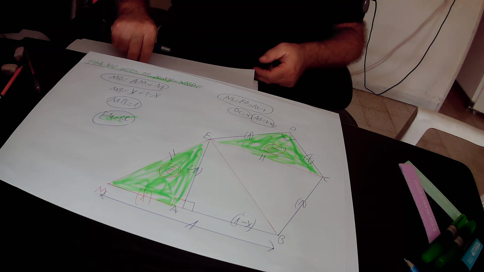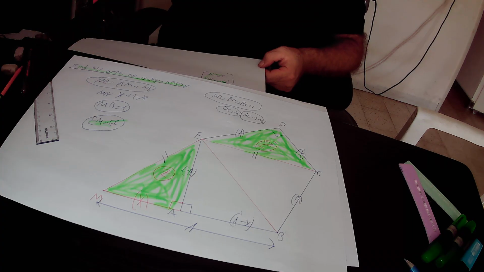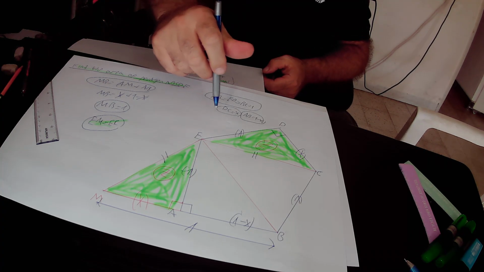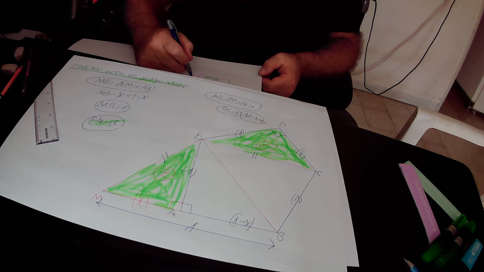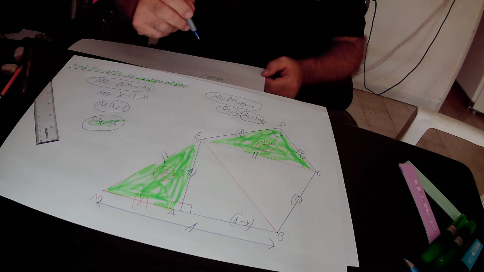So later on, the area of pentagon ABCDE is equal to the area of this green right triangle EDC plus the area of this quadrilateral ABCE.